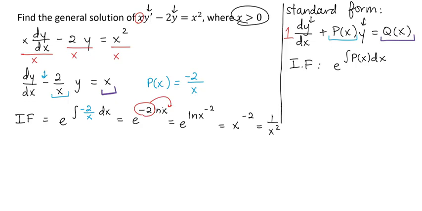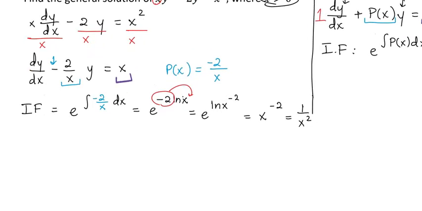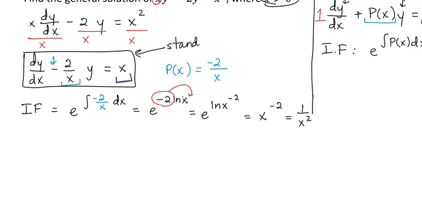So now that we know what our integrating factor is, we're going to multiply the entire equation through by it. Remember, this here was our equation in standard form. So I'm going to take the standard form of the equation and multiply each term by the integrating factor.